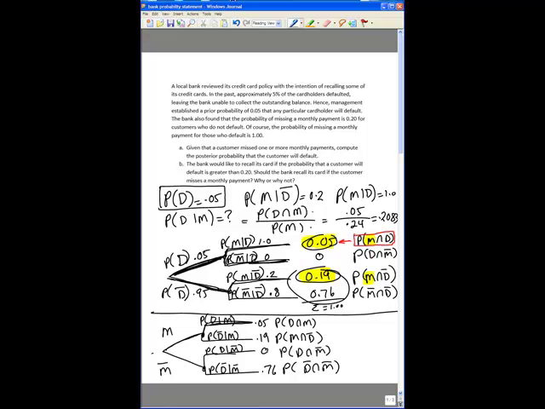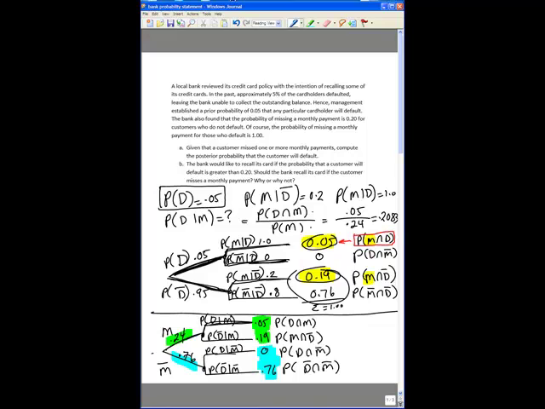So the same rule holds here. These two numbers will add up to this number, and these two numbers right here will add up to this number. So all I have to do is add those up and put them here, which would be 0.24 and 0.76.